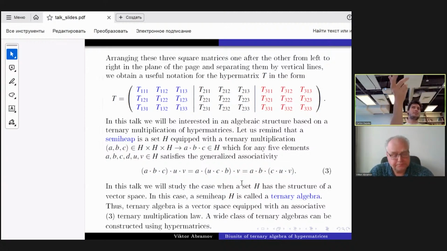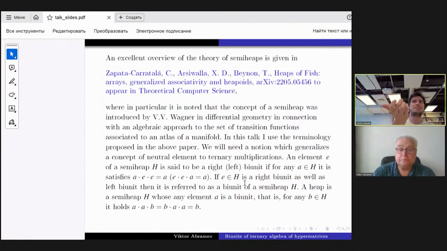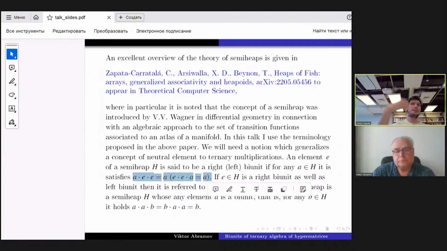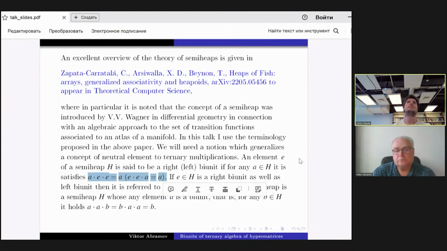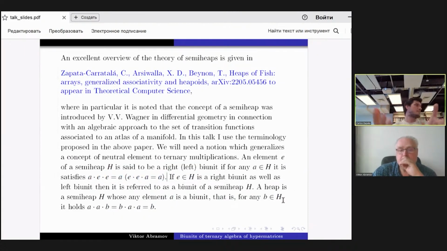But if every element of that algebra has the bi-unit property, where EEA equals A for all A, that's called a bi-unit element. And a bi-unit pair is when instead of having EE, you have E1, E2, two elements. And so a di-heap.